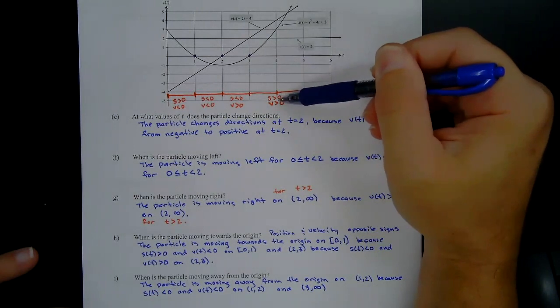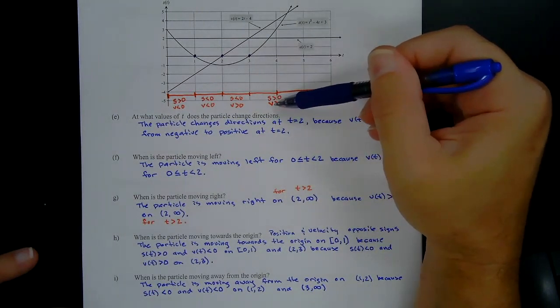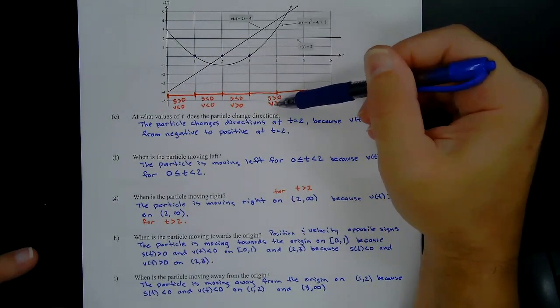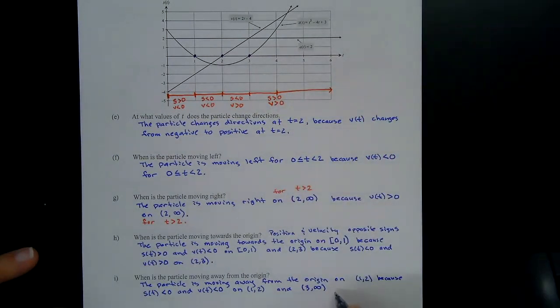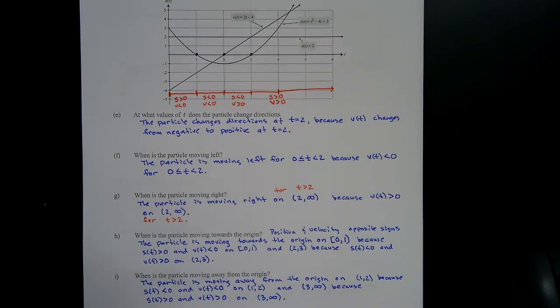It's only from 3 on that the position and velocity are both positive. So on this interval, because S of t is greater than 0 and V of t is greater than 0 on the interval 3 to infinity, period. So that's how we know it's moving away from the origin.